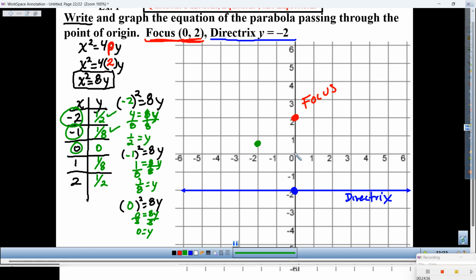Next one, negative 1, 1/8, very close to the x-axis. 0, 0. 1, 1/8. And 2 and 1/2. And then we label that parabola.